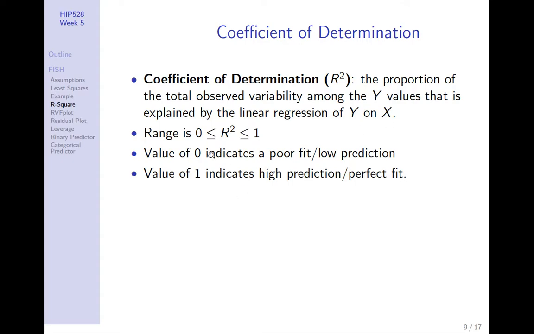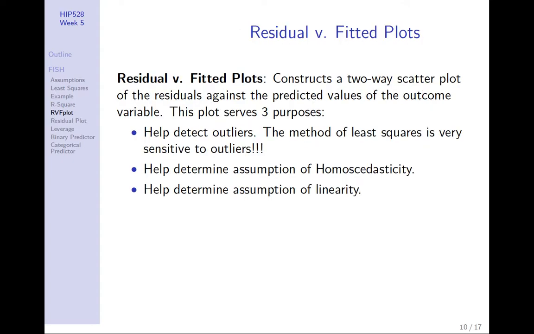Remember, 0 indicates a poor fit, low prediction. A value of 1 indicates high prediction, a perfect fit. So an indication of 13% variability suggests that there are probably other factors that explain child's intelligence. In the future we're going to go through and try to figure out what those are. But this is just one statistic that gives us a sense of how well this model is at being predictive. And then there are some other assumptions.